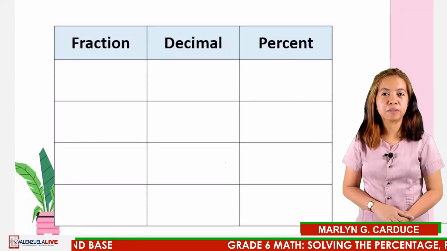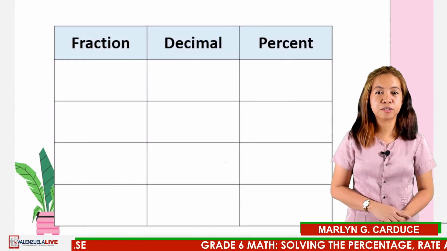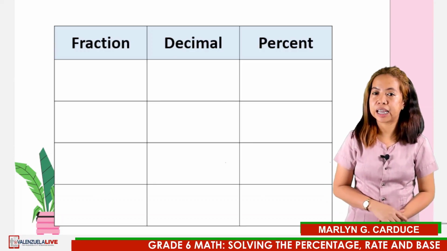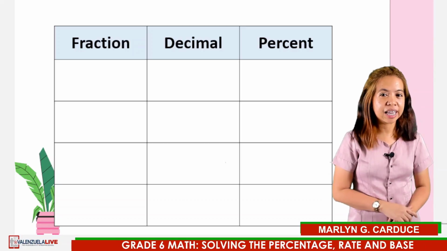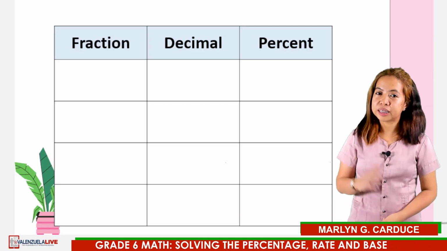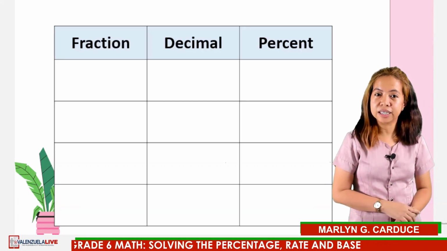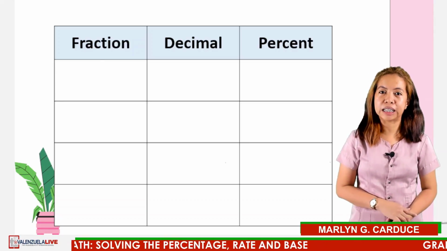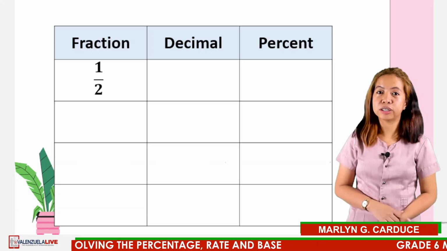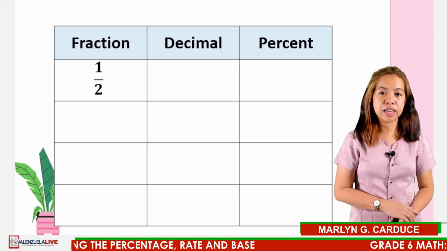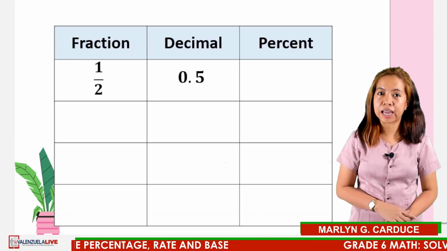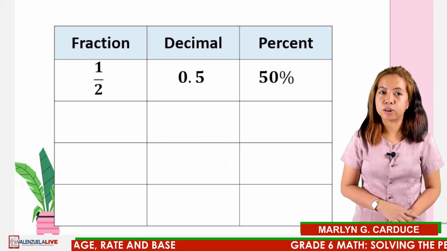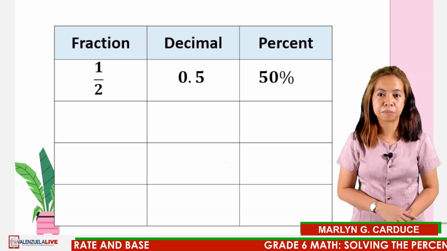So going back to our activity, we expressed fractions in decimal form or vice versa. But did you know, class, that fractions and decimals can also be expressed in percent form? For example, the fraction 1/2 can be expressed in decimal form as 5/10, and in percent form as 50%.